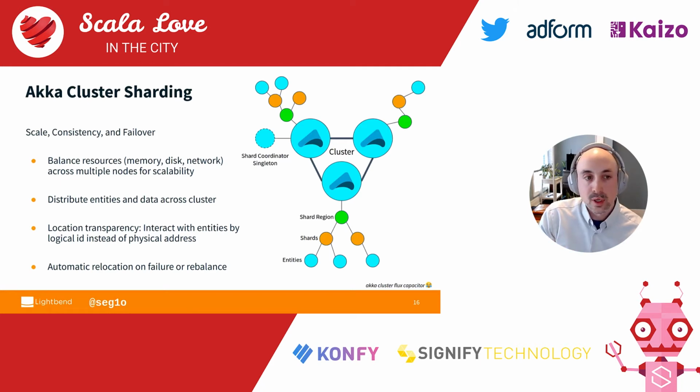We can just send a message to a particular entity ID, and Akka is going to take care of the routing for us. This is known as location transparency in Akka, and it's one of the nice features of Akka Cluster that abstracts away the actor system across this cluster of machines.